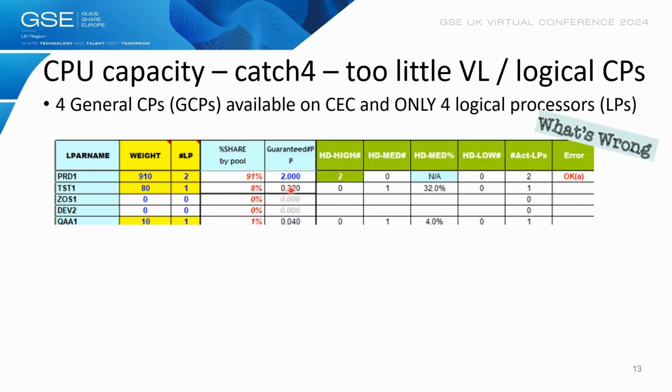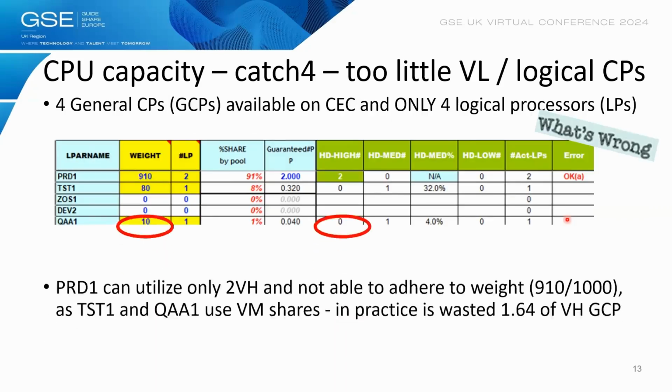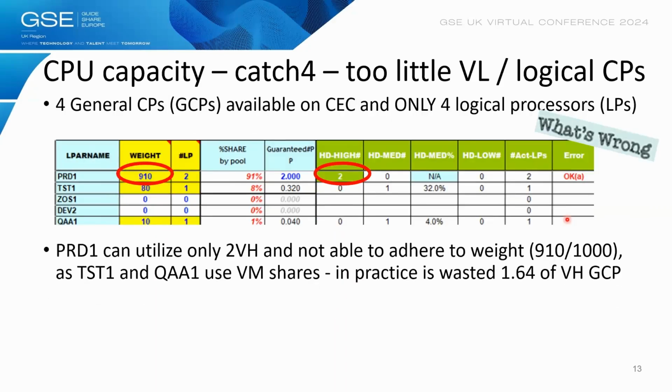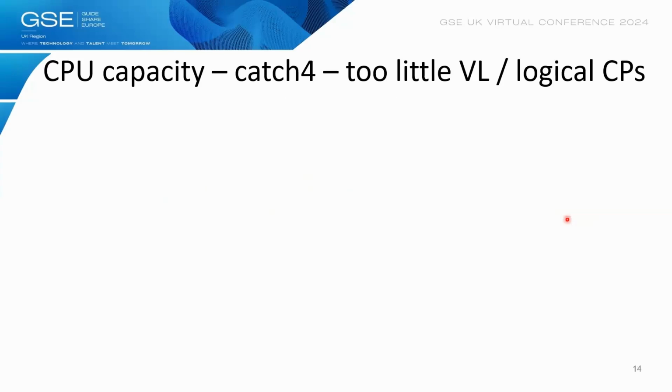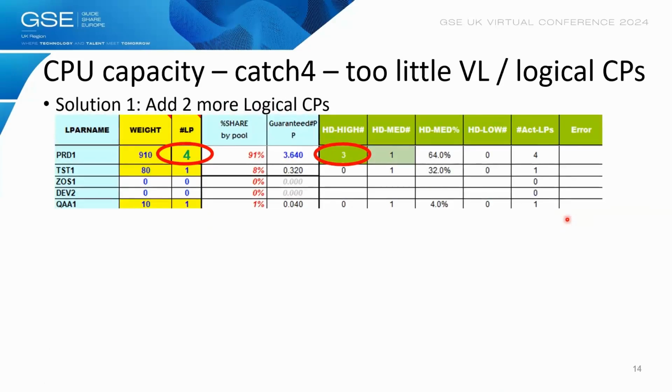So actually this customer has wasted at least more than 1 general CP, right? So what can we do about this? What can we do about the situation, right? There are several ways. First, we add 2 more logical CPs. If we add 2 more logical CPs, then we have this additional vertical medium and additional vertical high.